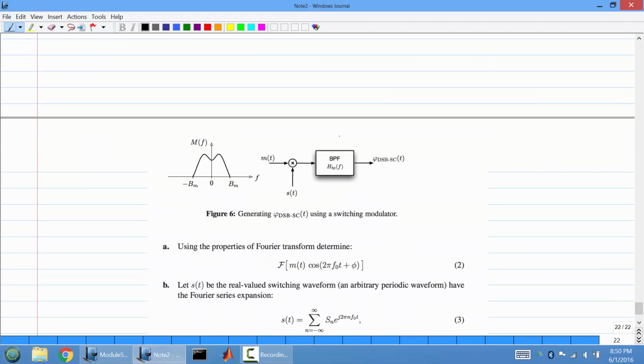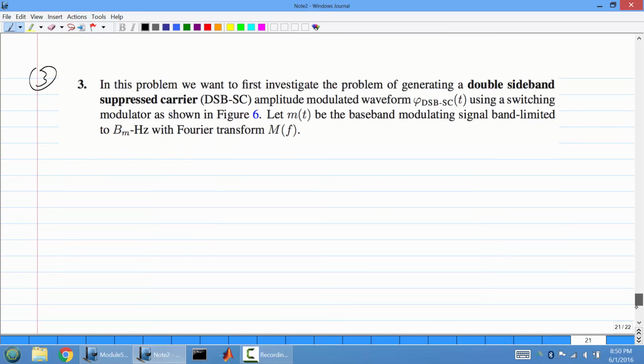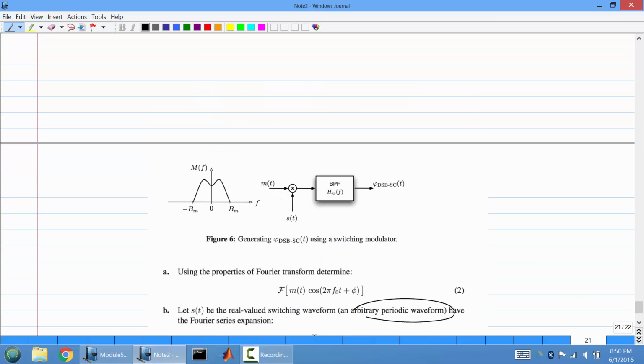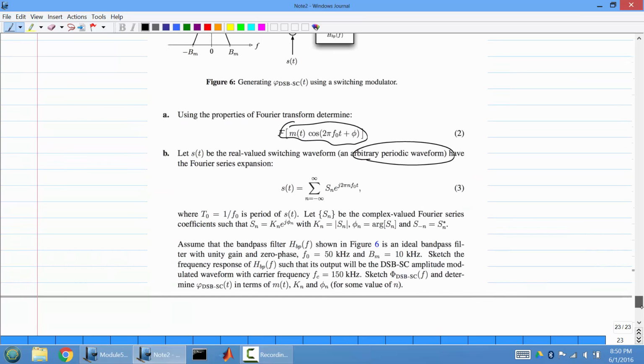Then what's happening here is that we are going to use an arbitrary periodic waveform instead. So instead of using a cosine wave, we're just going to use an arbitrary periodic waveform. We're going to perform multiplication, and then we're also going to do a bandpass filter instead of a low-pass filter. So the first question here is, using the properties of the Fourier transform, determine what the Fourier transform of that output would be.